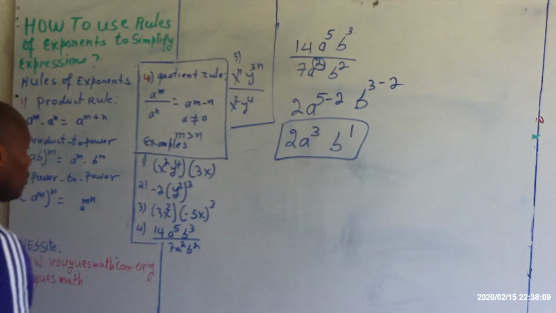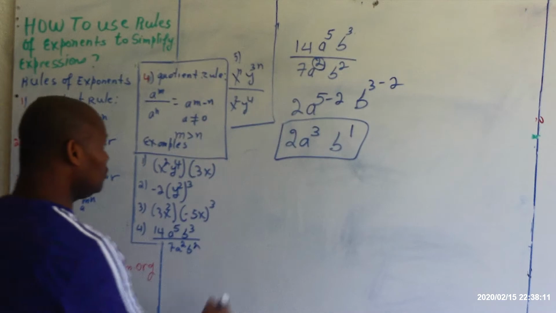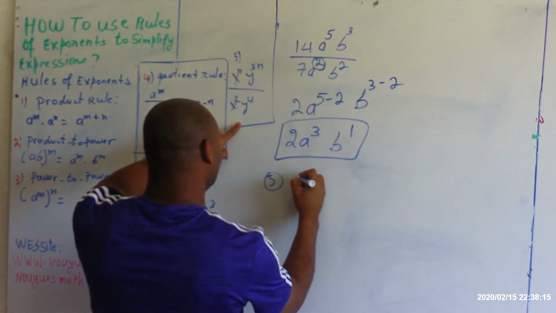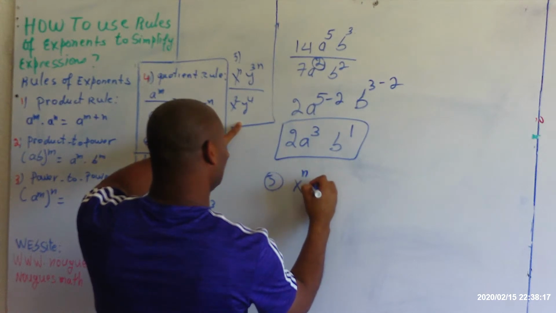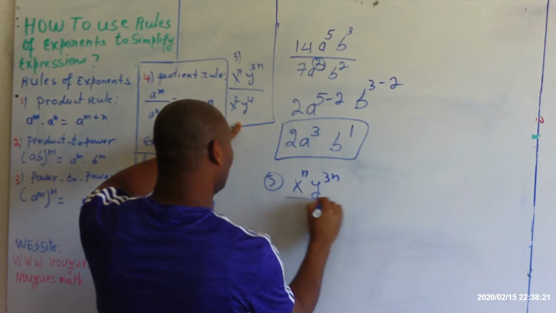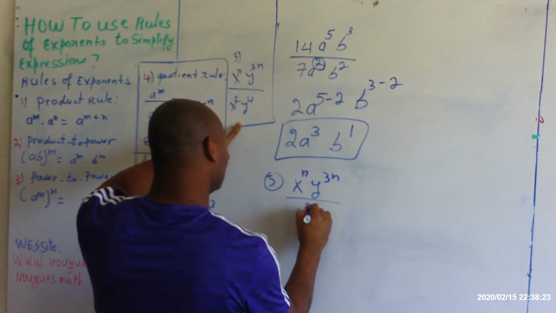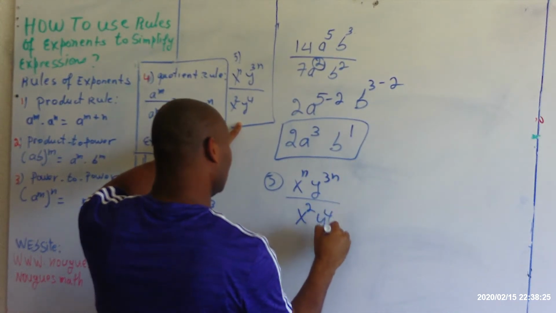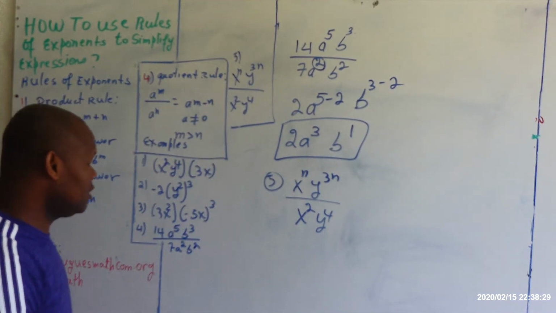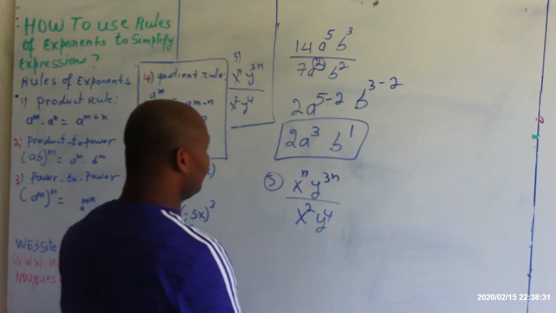Let's do the last one. Last one, number 5. That's going to be x to the n and y to the 3n over x. The same thing is going to happen because we have the quotient.